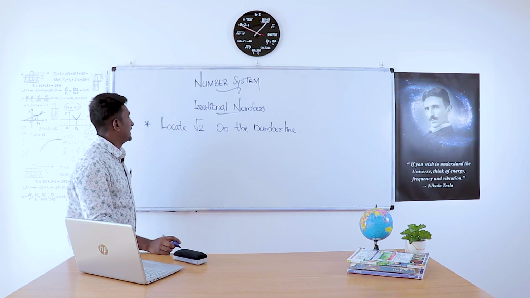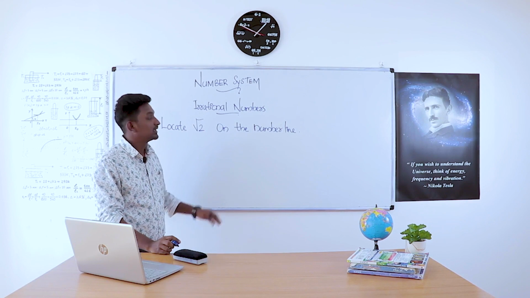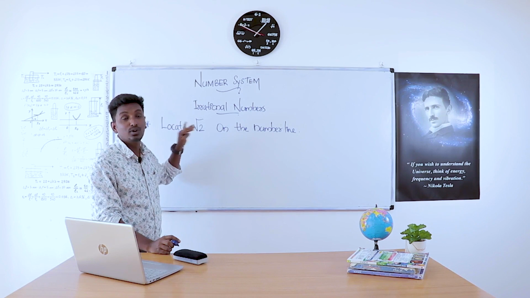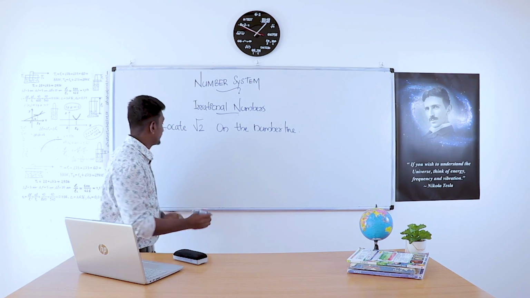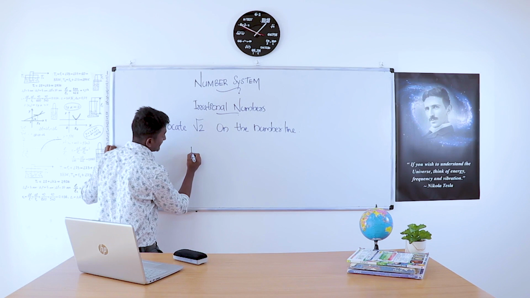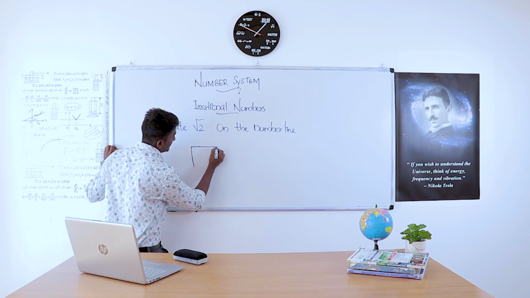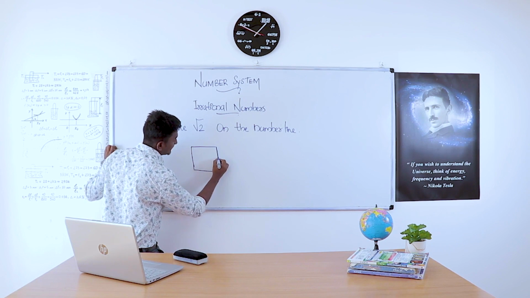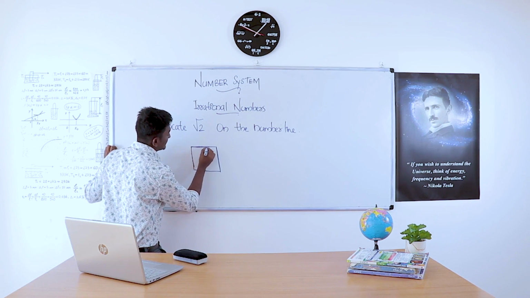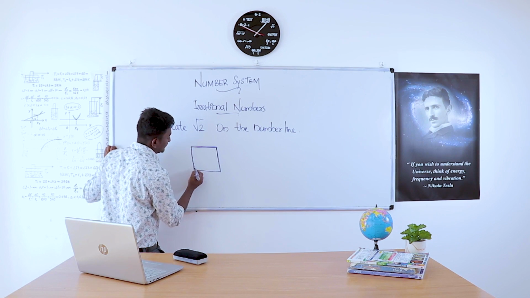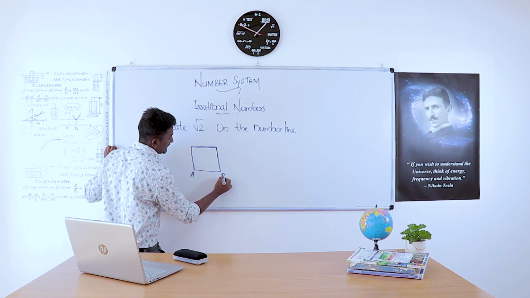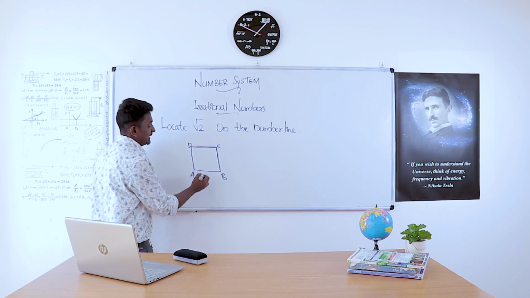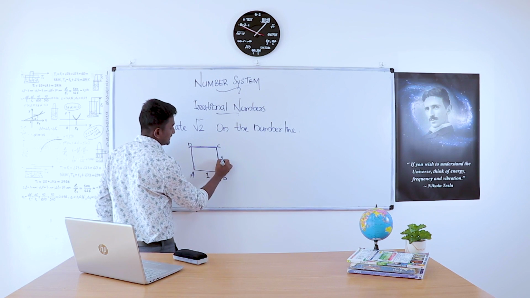Before considering the number line, first of all, I'm explaining how we find the length or the value of root 2. Just consider a square of unit length. I'm naming it A, B, C, D. ABCD is a square of unit length. The length is unity.